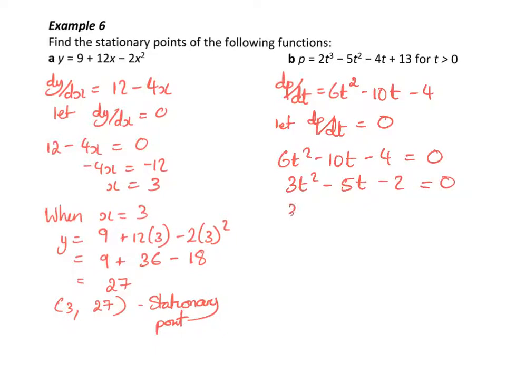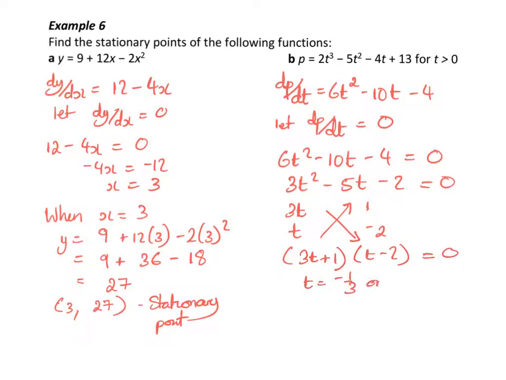Factorising that, we get 3t and t, and factors of minus 2 would be 1 and negative 2, and when we go across our bridge we end up with negative 5t. So we have 3t plus 1 and t minus 2 equal to 0, and so therefore t is equal to minus 1/3, or t is equal to 2.